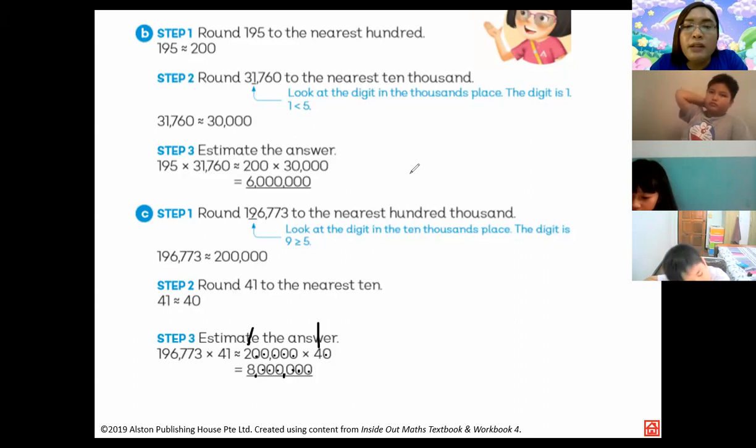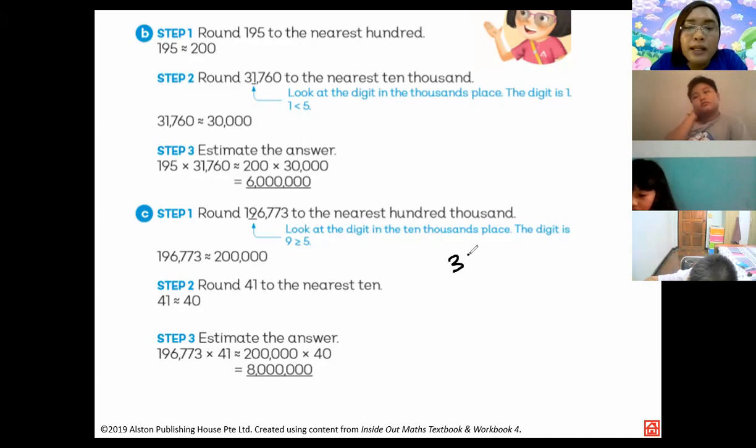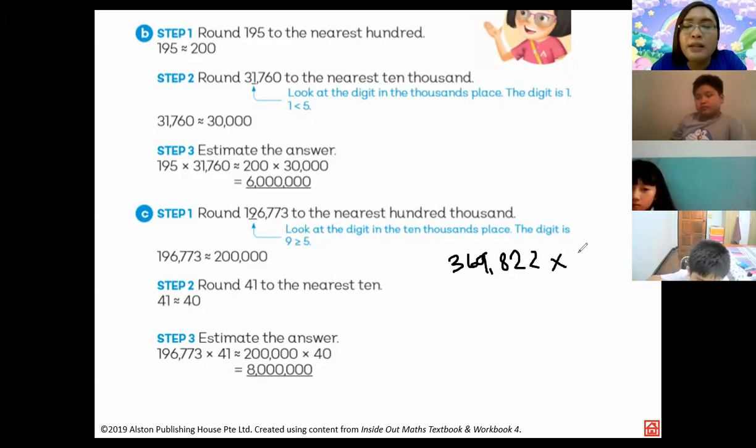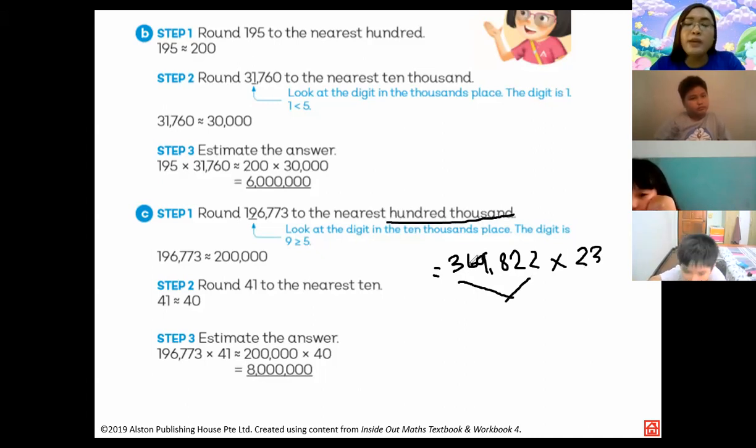Okay, I'm going to give you another example, class. I have 369,822 multiplied by, let's say, 23. First, we have to round this number to the nearest 100,000.